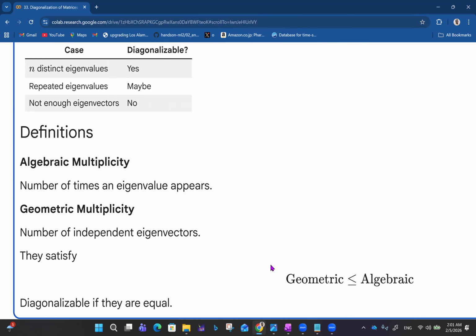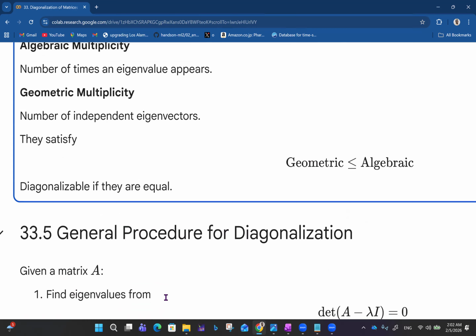So if an eigenvalue appears a particular number of times, then the number of independent eigenvectors will be less than or equal to that. So if geometric multiplicity is equal to algebraic multiplicity, then you can say the matrix is diagonalizable.